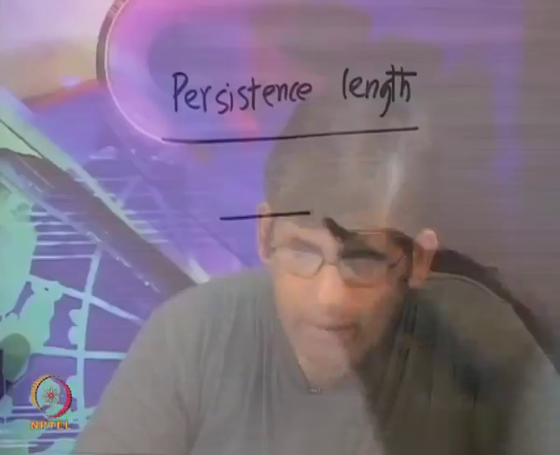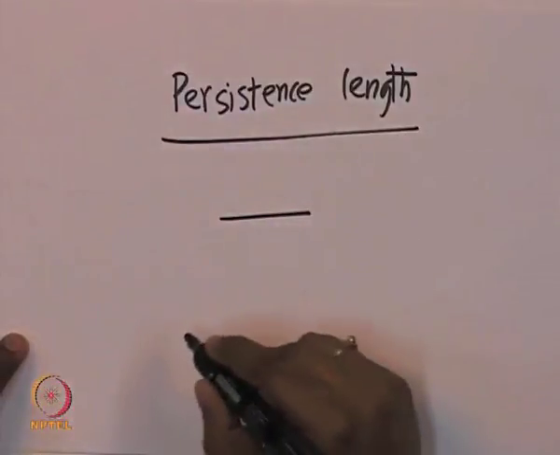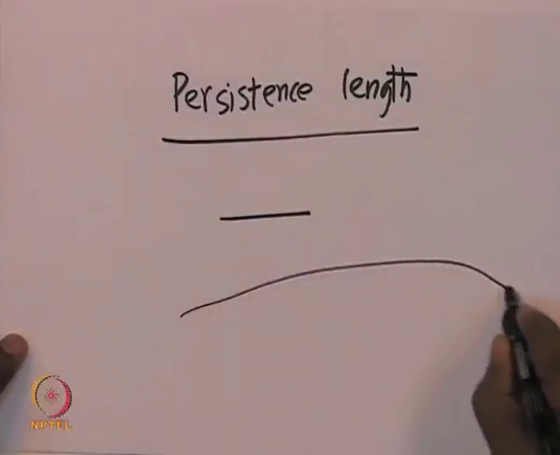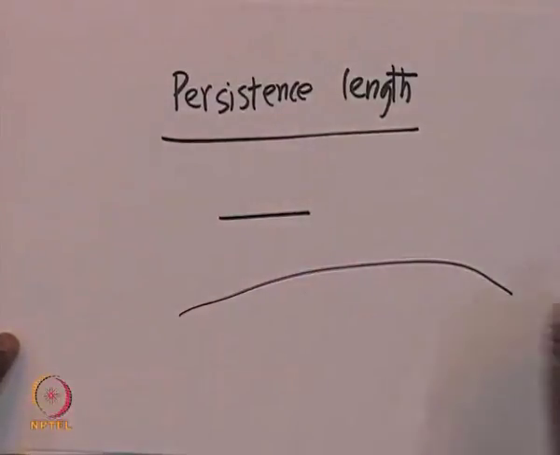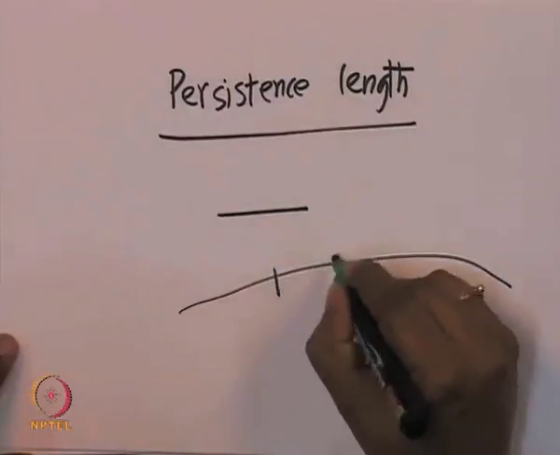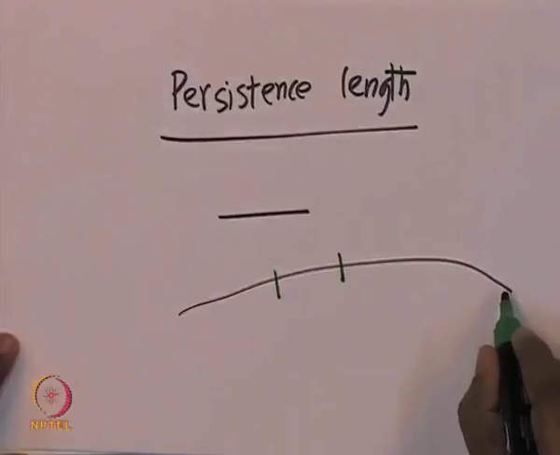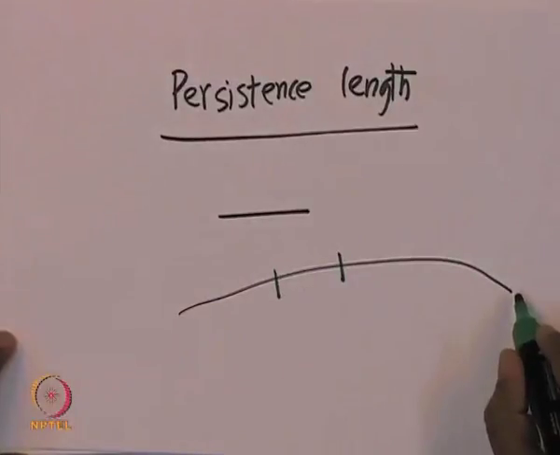Similarly, DNA or any polymer for that matter, DNA, actin, etc. When they are very short, they are almost straight, but when they are long, there will be bending. If you take a short segment from here, this will be straight, but if you take this long segment, it will be slightly bent.